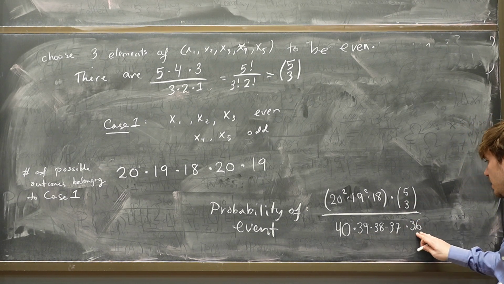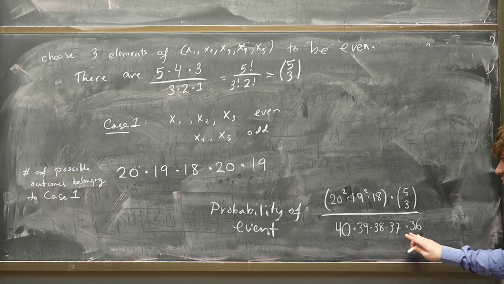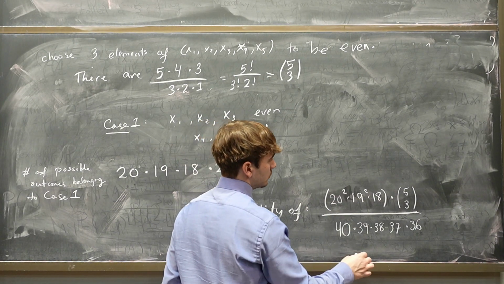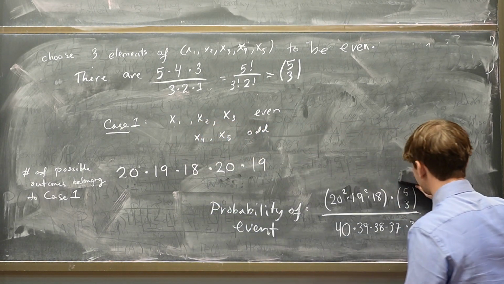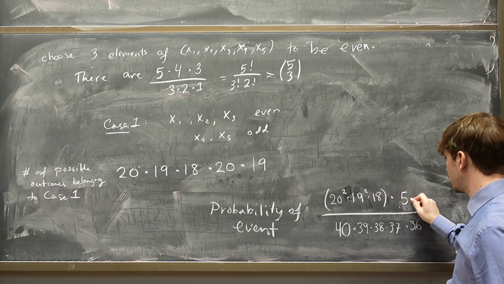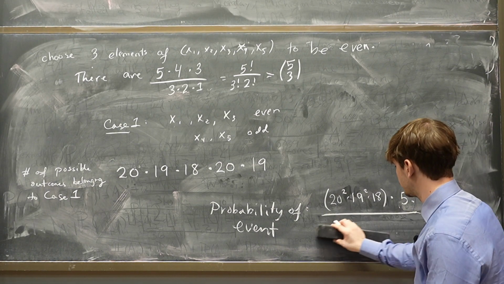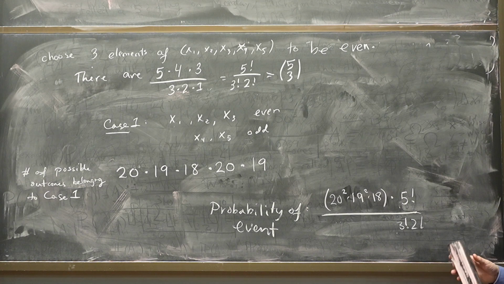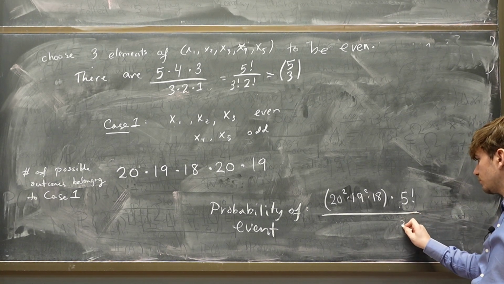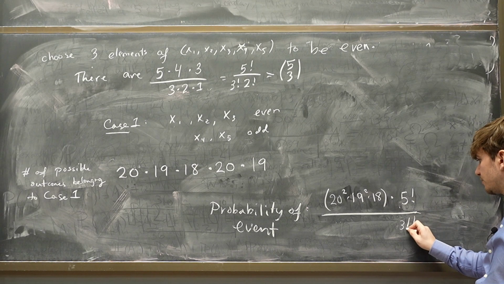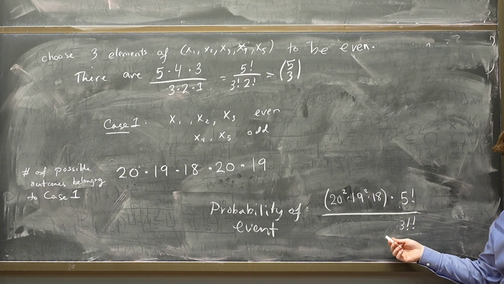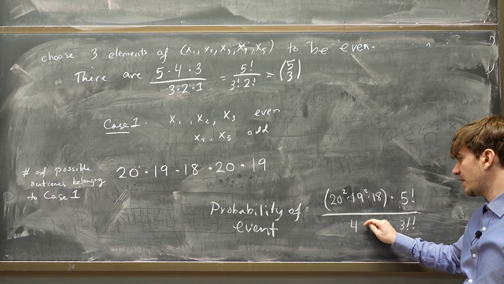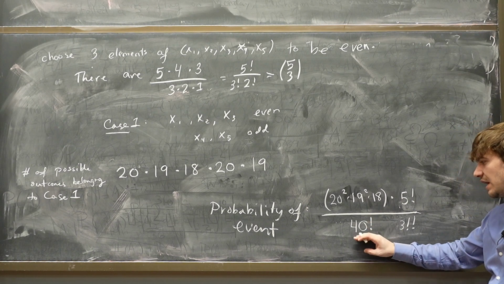Yeah, this looks correct. Okay, so let's dress this up algebraically here. So 5 choose 3 is 5 factorial over 3 factorial times 2 factorial. And then this 40 multiplied down to 36 is 40 factorial divided by 35 factorial.